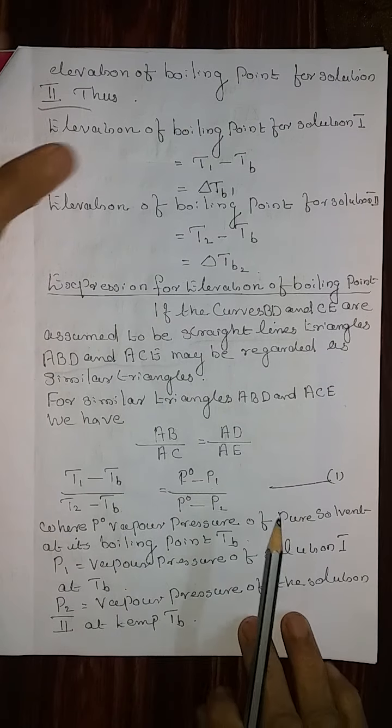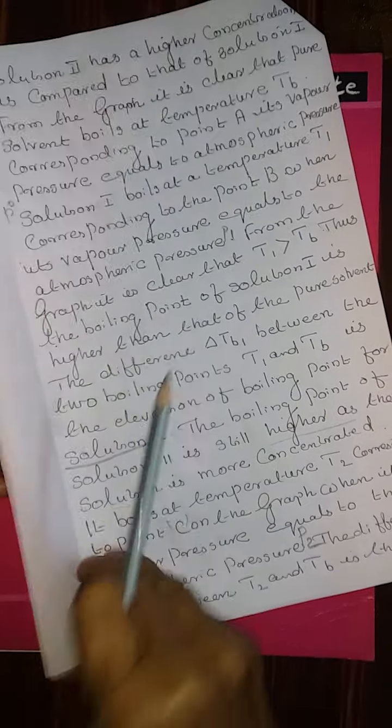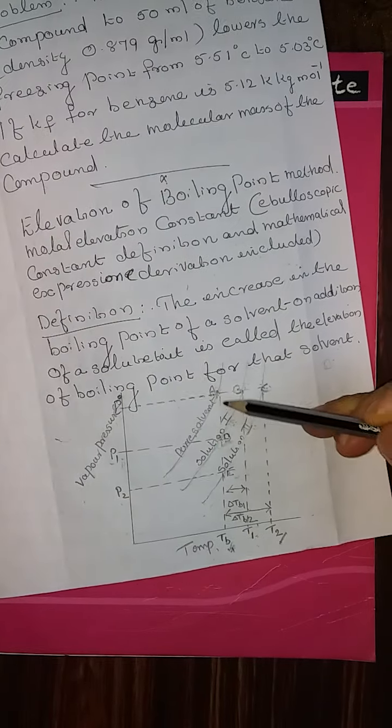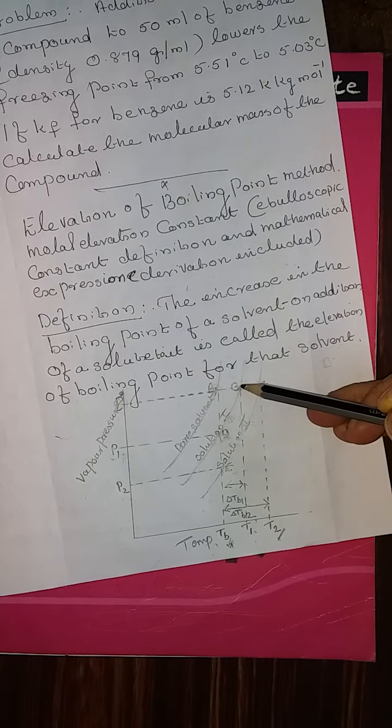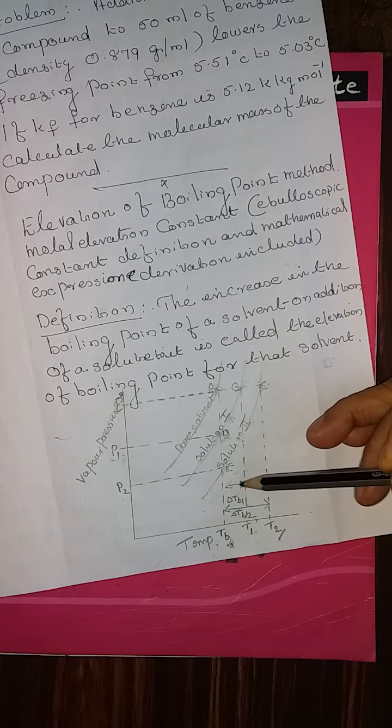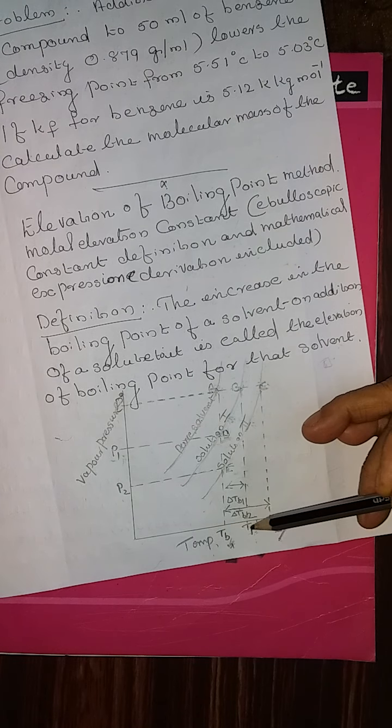We already know the values of AB, AC and all. The distance AB means delta TB1, or T1 minus TB.